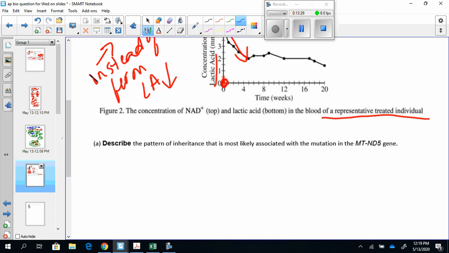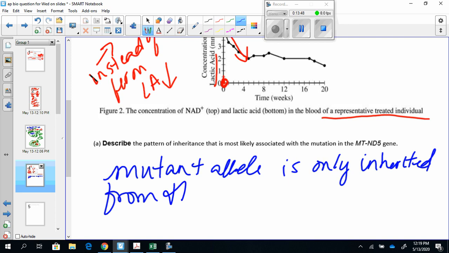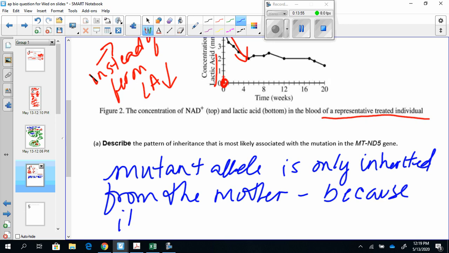All right, so describe the pattern of inheritance that's most likely associated. So the pattern of inheritance is that this mutant allele is only inherited from the mother, because it's a mitochondrial gene.